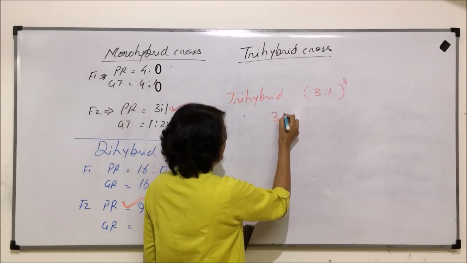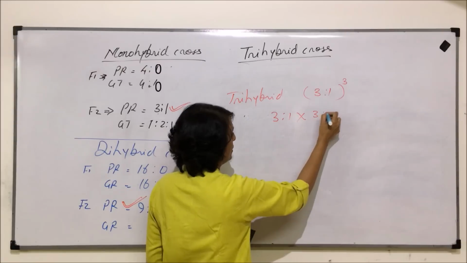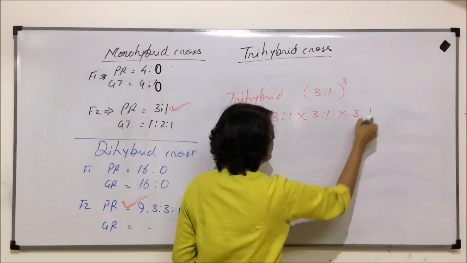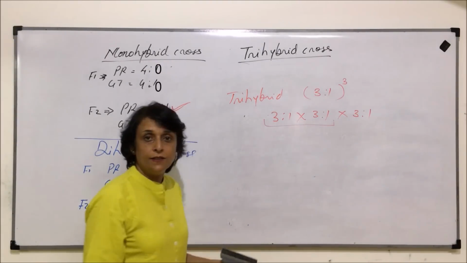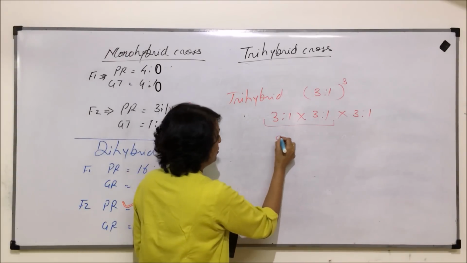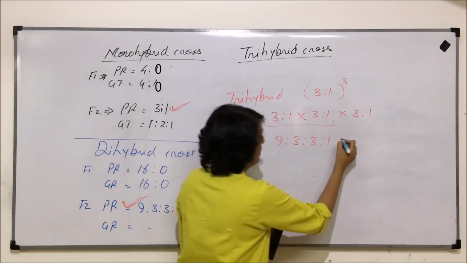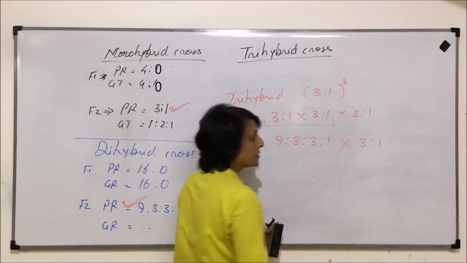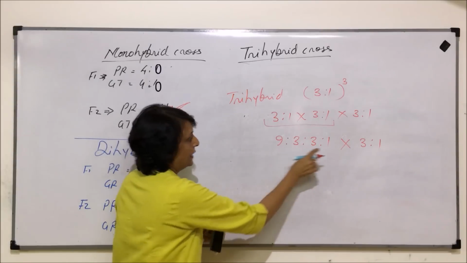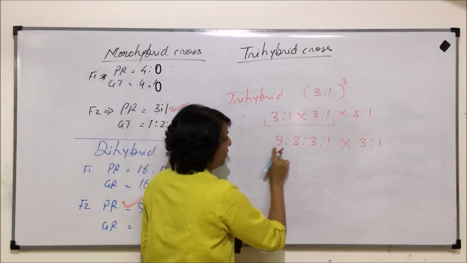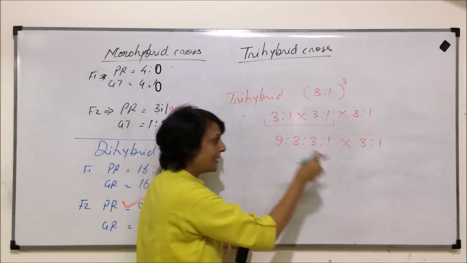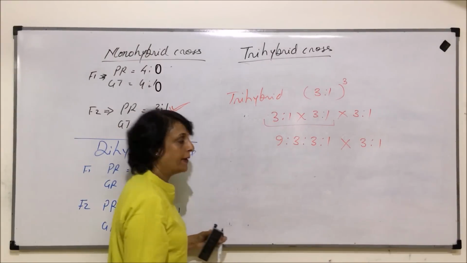That means 3:1 into 3:1 into 3:1. We just now calculated this, and it came to 9:3:3:1. Now let us multiply this with this number. We'll multiply all these numbers with 3 and then all these numbers with 1.